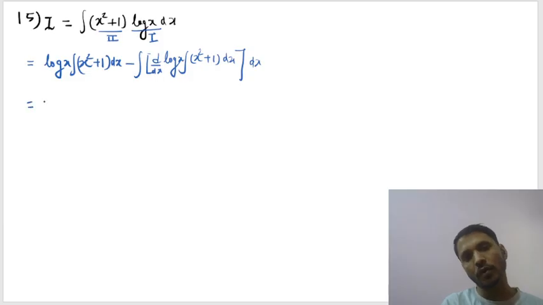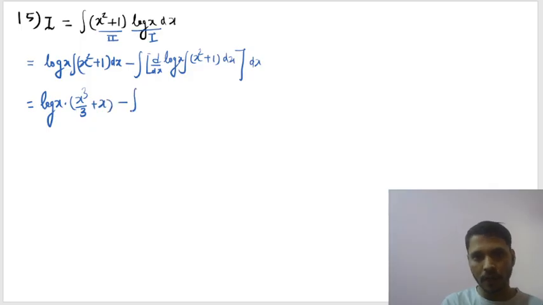So here this log x will be as it is. Integration of x square will become x cubed by 3 and integration of 1 is x, minus the integration, where the derivative of log x is 1 by x, and the integration of x square will be x cubed by 3 plus x, and then dx.